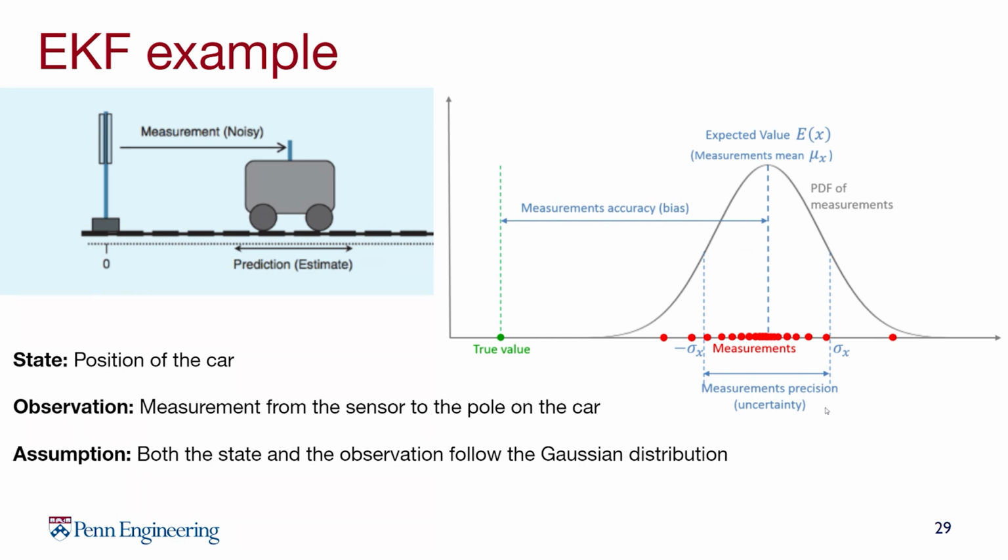Then we can fit the Gaussian distribution model to those sample data points, and we will get the sensor model for this measurement.